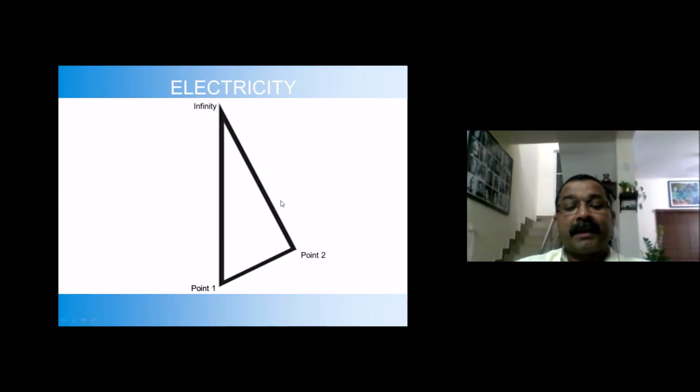So in electricity, we will define the potential of such points relative to a common point.